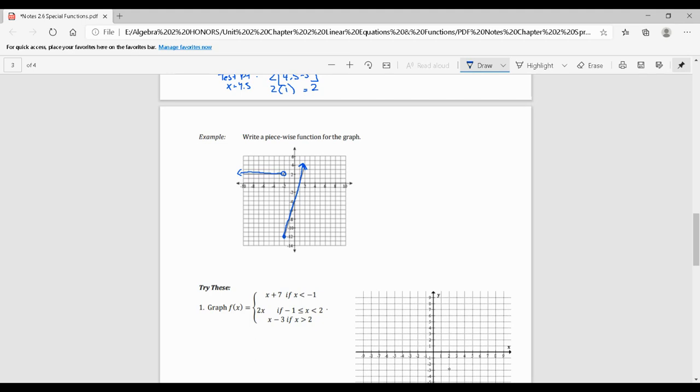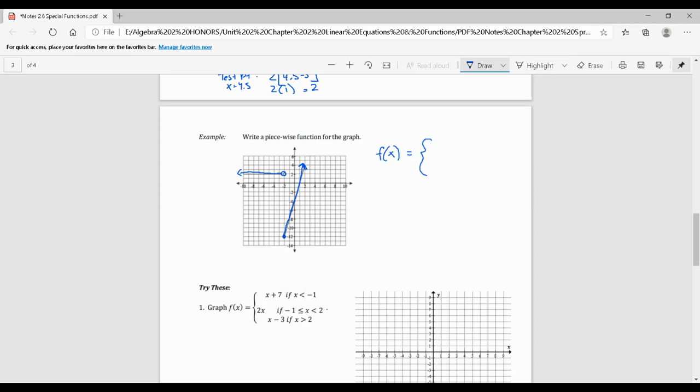Okay, so when I'm writing a piecewise function here, we can see that there are 2 pieces. So we're going to have f of x, and we're going to need to come up with 2 equations. So the first thing we want to do is figure out what the equations are. This first one on the left is a horizontal line.